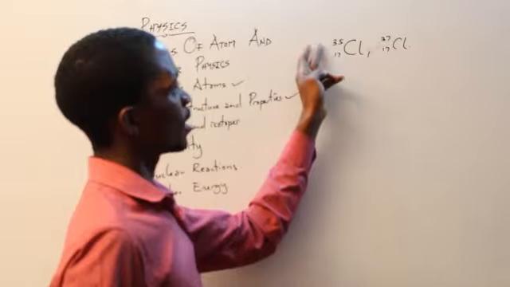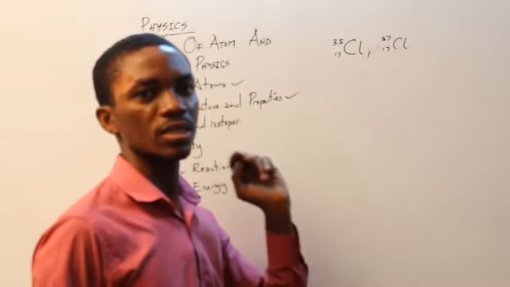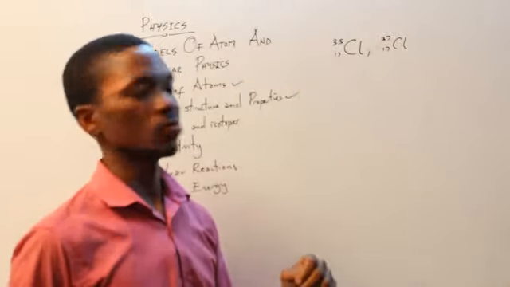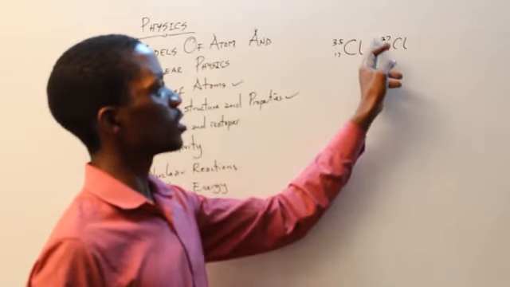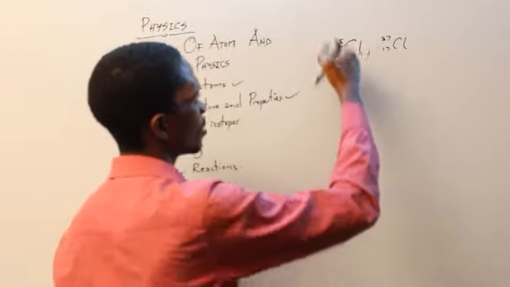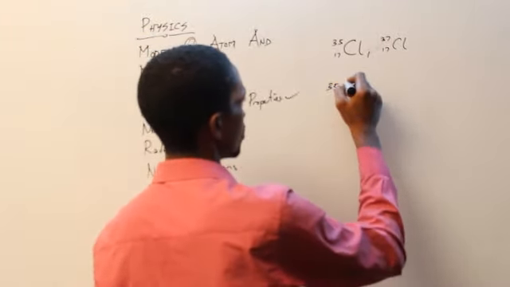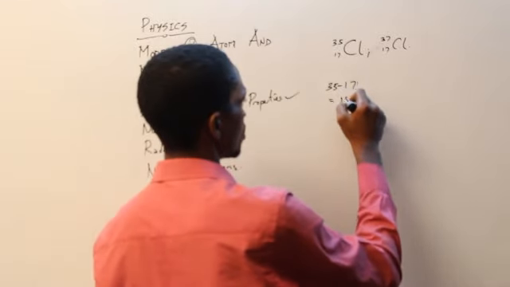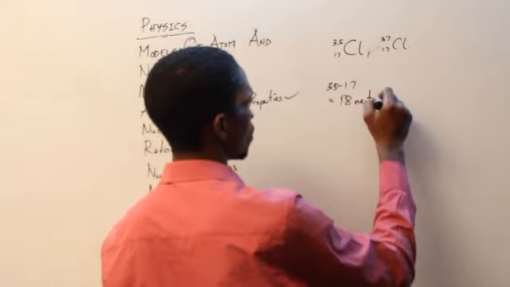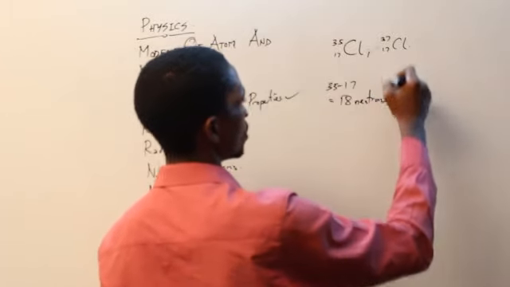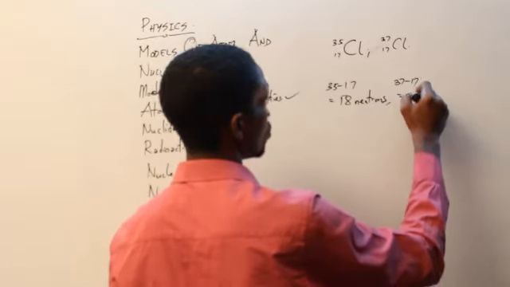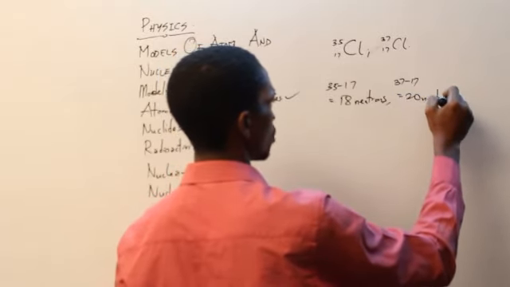One of them has a nucleon number of 35, the other has a nucleon number of 37. For the one with 35, we take the difference: 35 minus 17 gives us 18, so it has 18 neutrons. While for the other one, 37 minus 17 gives us 20 neutrons.